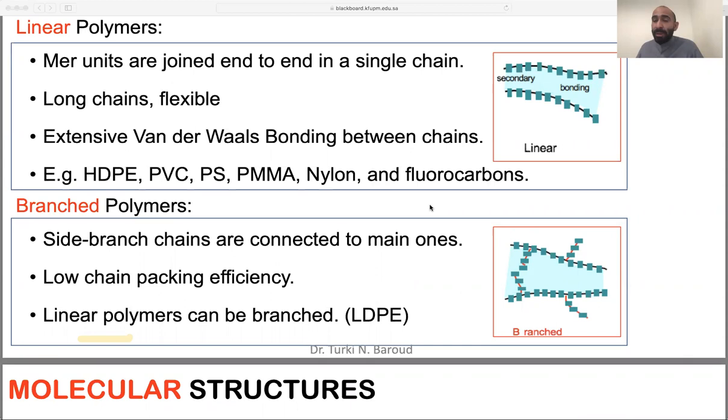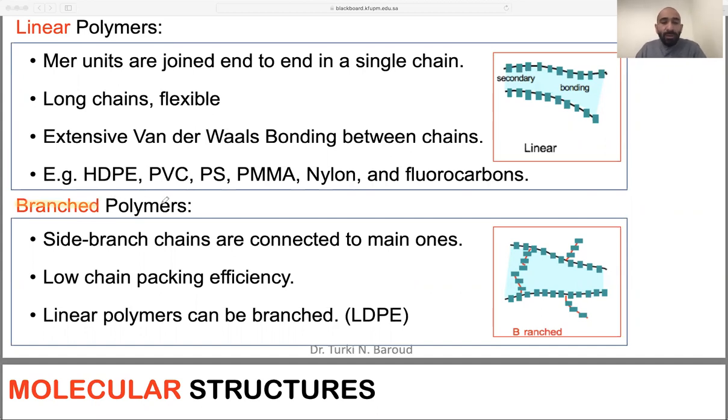maybe other types of bonding. Because in covalent, the bond is at a certain angle, right? So it's kind of the same thing over here. When you have, let's say, a branched polymer, what's going to happen?